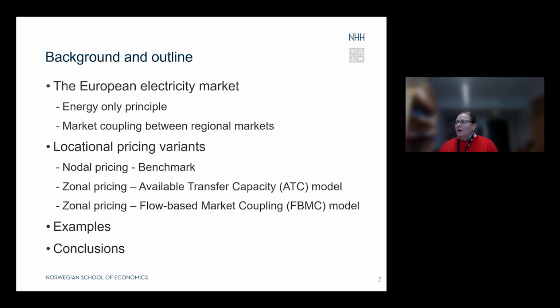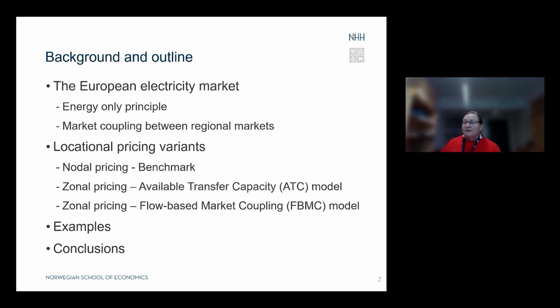So I'm going to talk a little bit about how it is related to the nodal pricing, which is generally considered as being the benchmark for pricing or congestion management, locational pricing and congestion management in electricity markets.